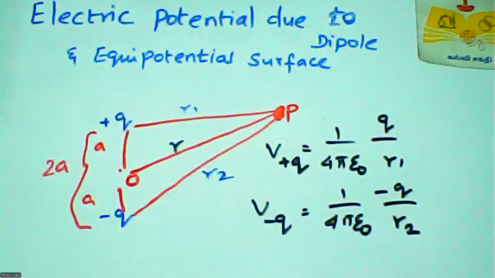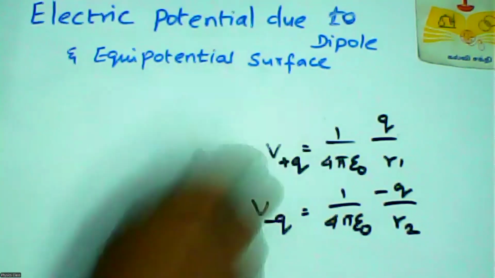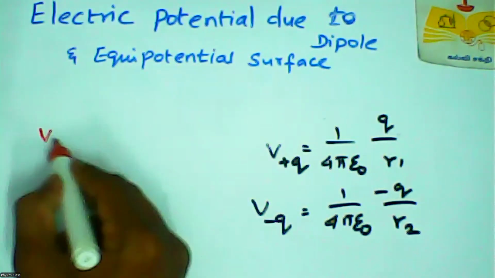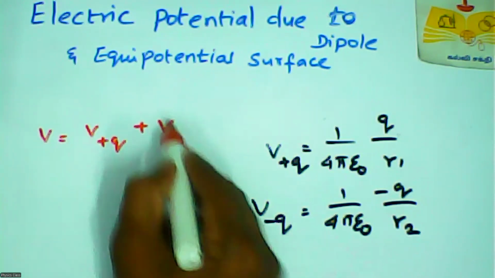So the final potential V is equal to V plus Q and V minus Q.